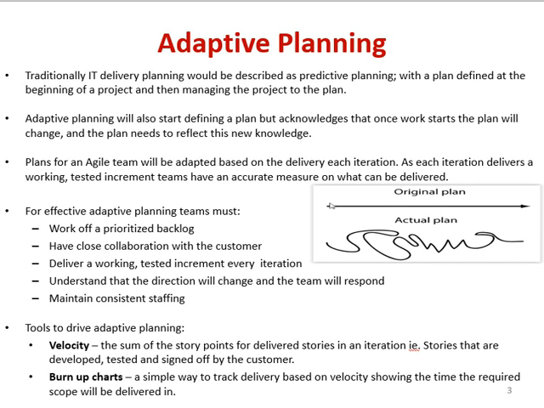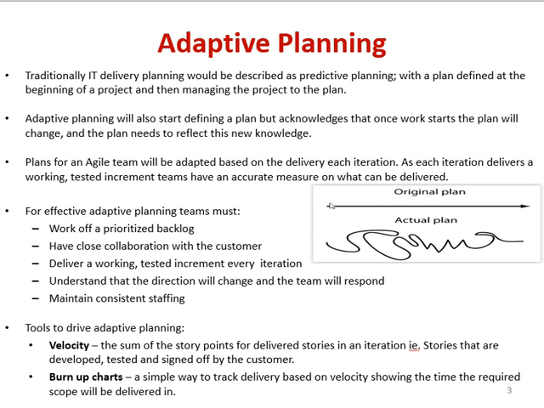For an effective team, you must work from a prioritized backlog, and do your work based on your backlog only. Have close collaboration with the customer. As I said, in agile, for the customer, communicate and collaborate face to face rather than go for negotiation, which is Agile Manifesto value number 3.